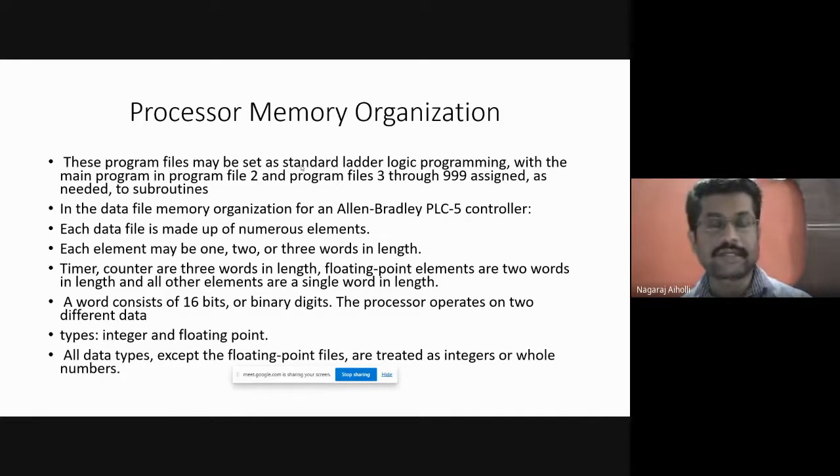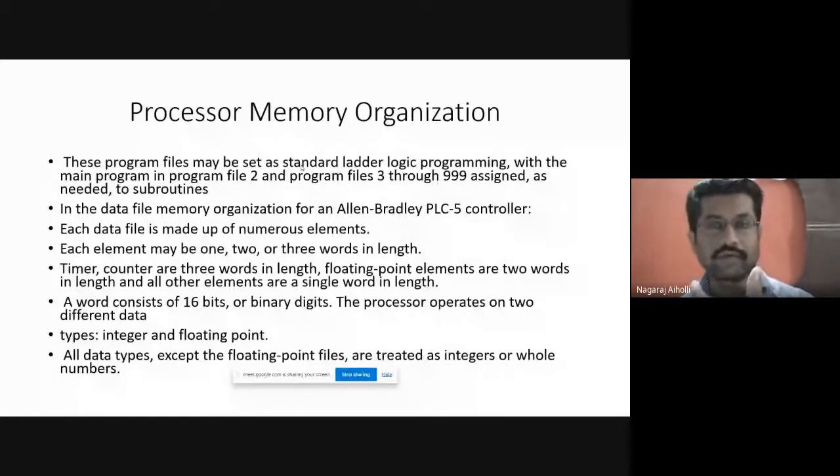For example, 2.7 is a real value, whereas the number 2 is an integer, a whole number. If I write it as 2.7, it is a decimal value or a real value. That is called the floating point value. These floating point values take two word length elements to be stored.